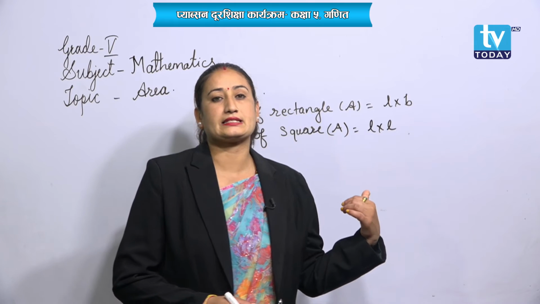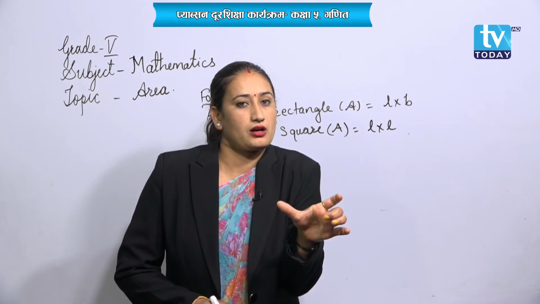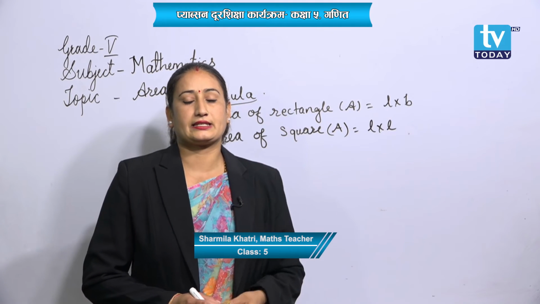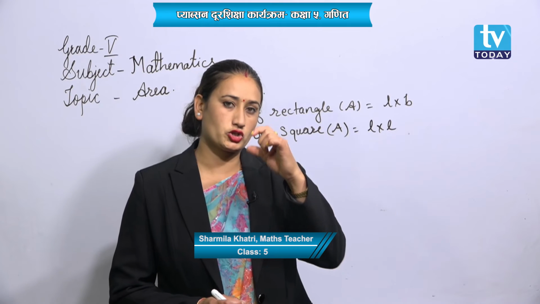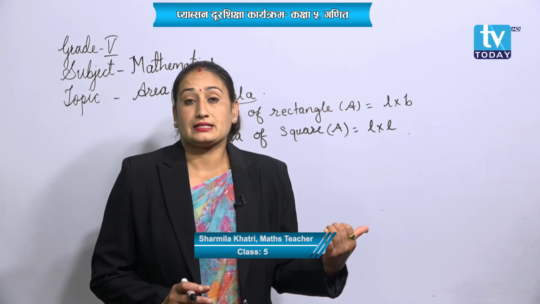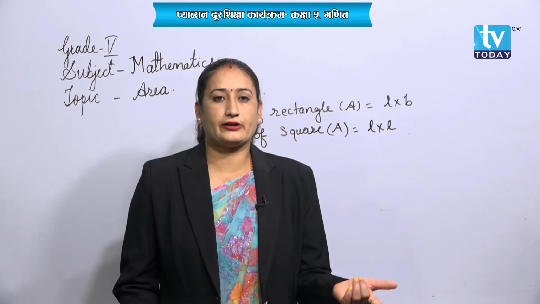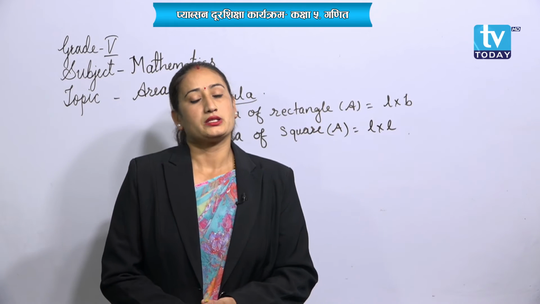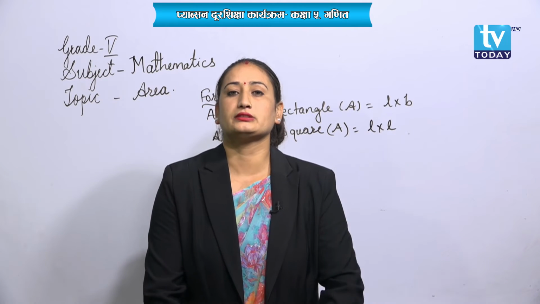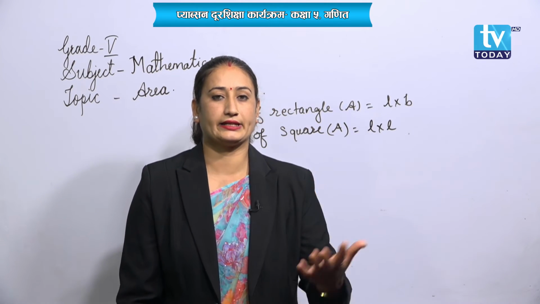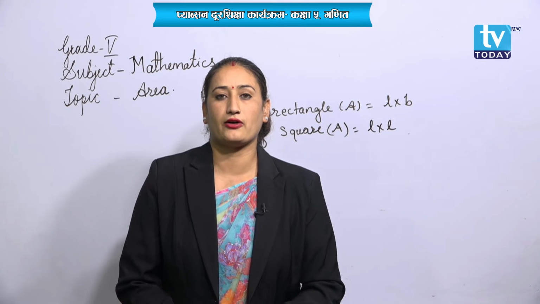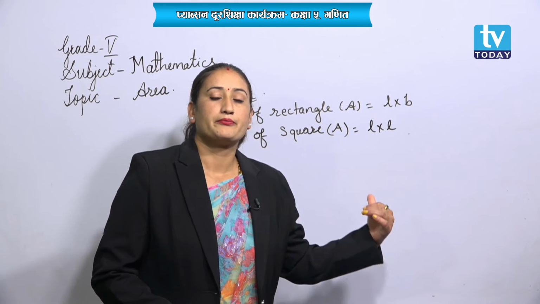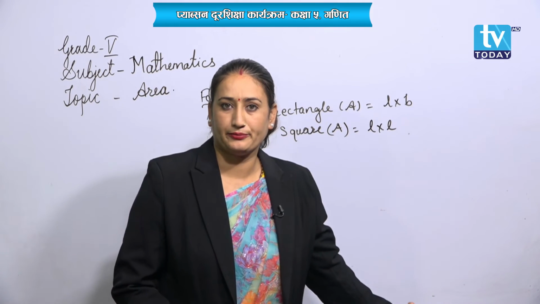One side length is given as 4 centimeter, it's longer, and another side is given as 2 centimeter, it's shorter. So different lengths mean it's a rectangle. So we are going to find out the area of that rectangle by using the formula.